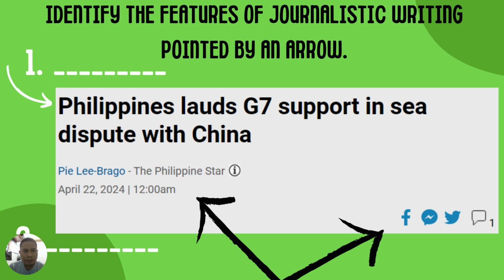I just want you to identify what kind of feature of journalistic writing is being pointed by an arrow in this example. So say for instance in number one, what do we call that feature of journalistic writing being pointed by the arrow? And of course in number two, we can see the name of the author.